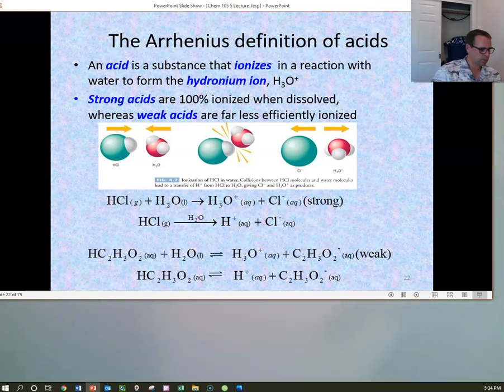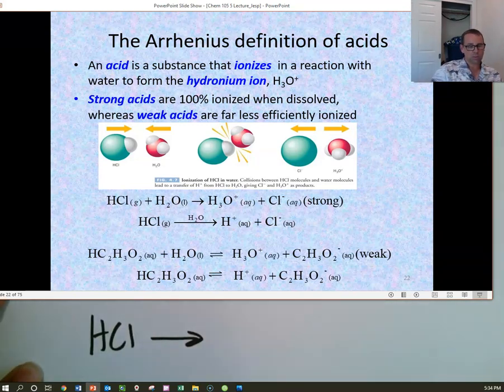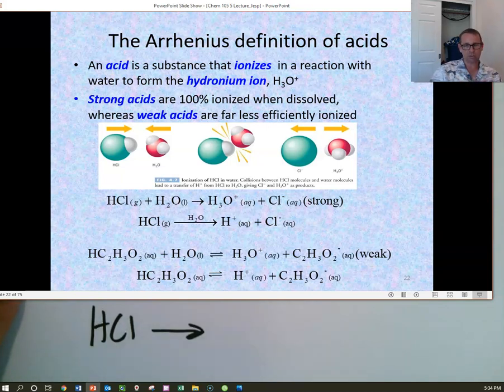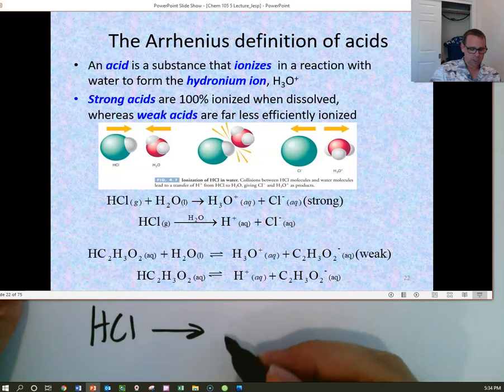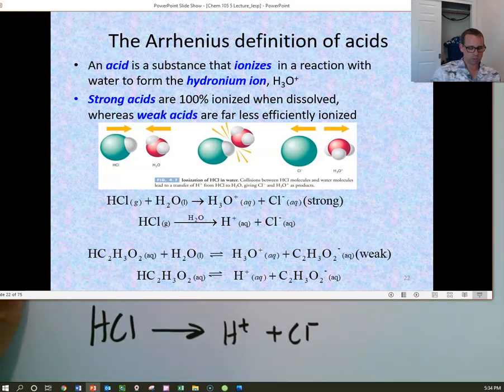So just like we wrote that we can say HCl, which is a molecular compound, all nonmetals, but because it's an acid, and another way we can recognize an acid is that you will usually have a hydrogen first. HCl, because it's an acid, it dissociates when placed into water.